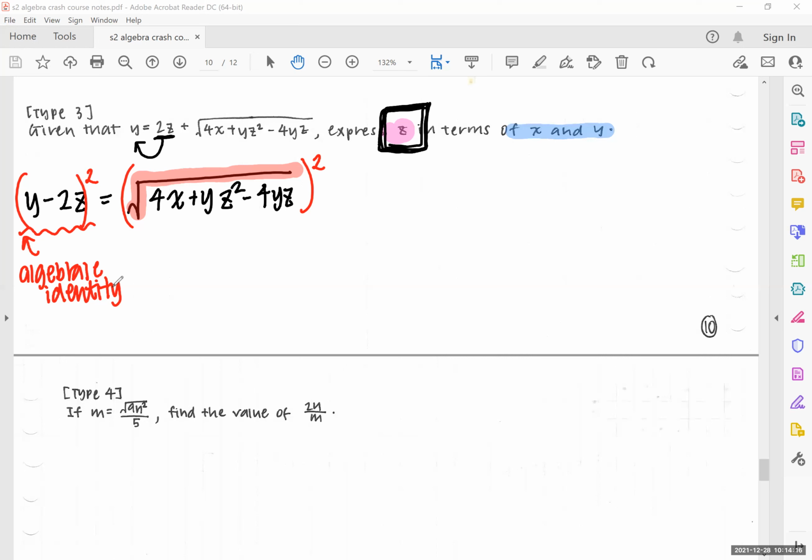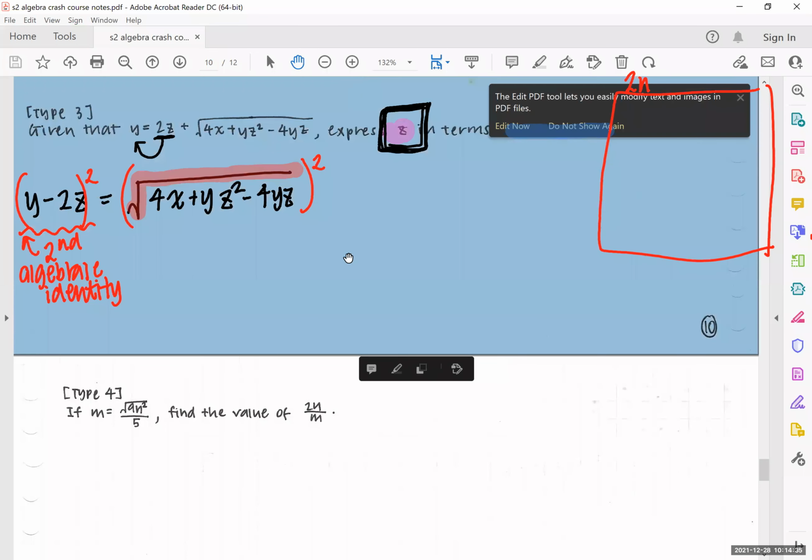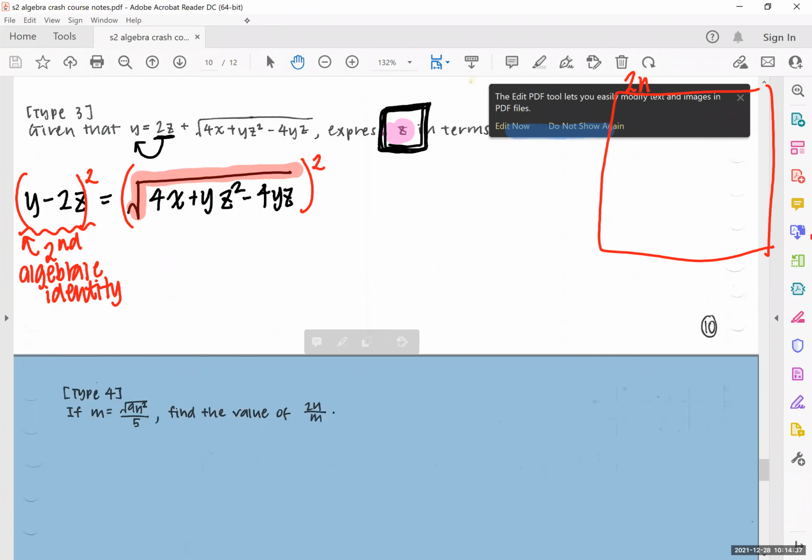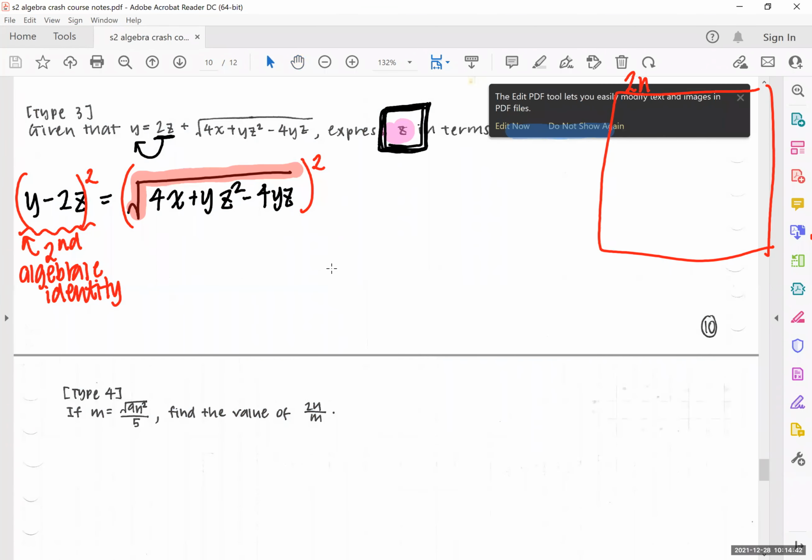Okay? So right now, which algebraic identity is this? Number 2. Second, right now, second. So let's recap the second algebraic identity formula. What is the second algebraic identity?